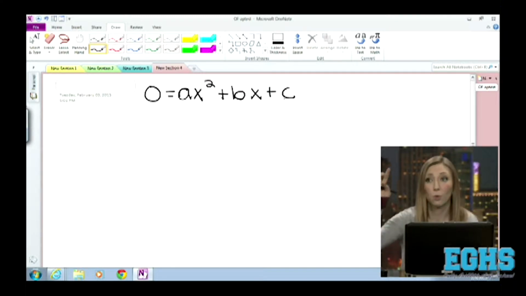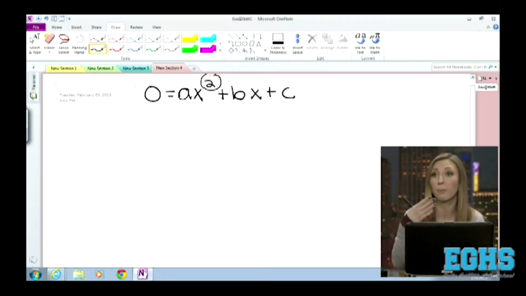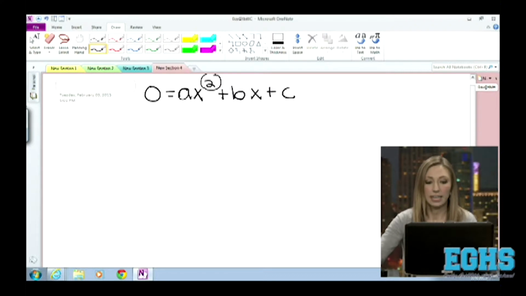Really what makes it quadratic, which is a really complicated sounding word, is just the fact that it's a squared. It has that in the equation. So that's what makes it quadratic. The quadratic formula basically is what happens if you get x by itself in this equation.